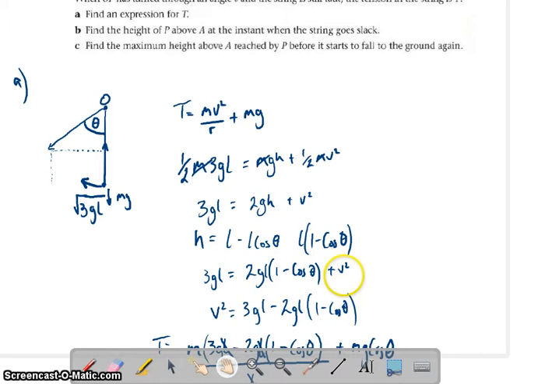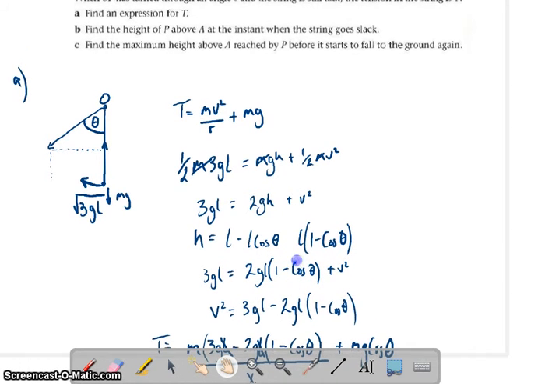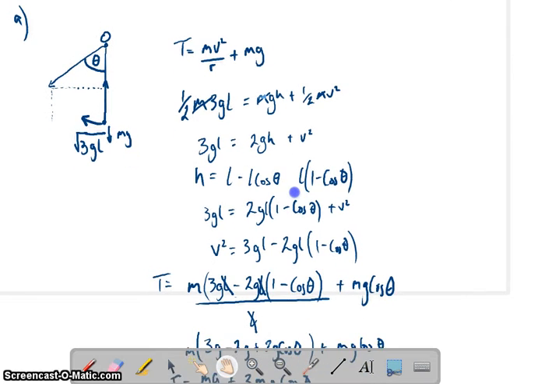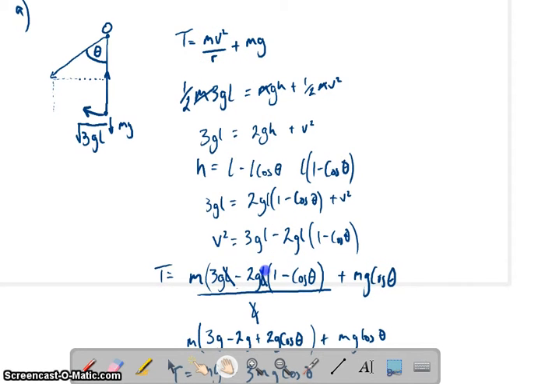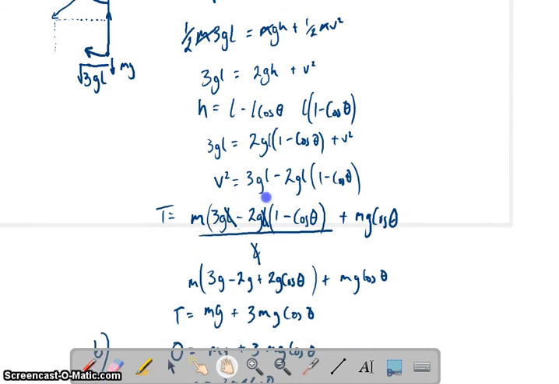And then we can look at v squared again. So the tension goes back to the original, tension is equal to this. We substitute this in here, and then we just need to tidy things up a little bit. In tidying it up, we get a nice little formula that's being slowly simplified.